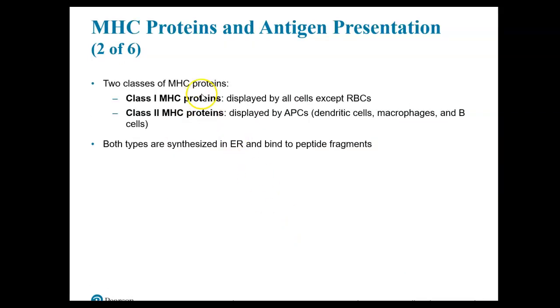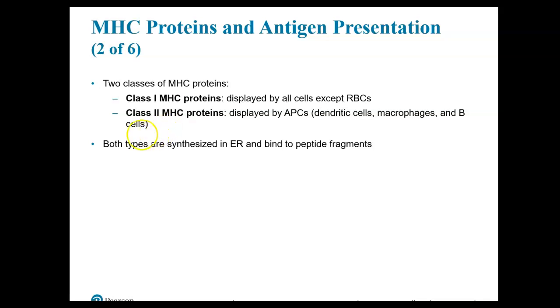Okay, Class 1 MHC proteins are displayed by all cells except red blood cells, and that is because, remember, MHC stands for Major Histocompatibility Complex. These are just proteins on the surface of cells that identify that cell. We have Class 1 MHC proteins that don't activate our immune system. They're called self-antigens.